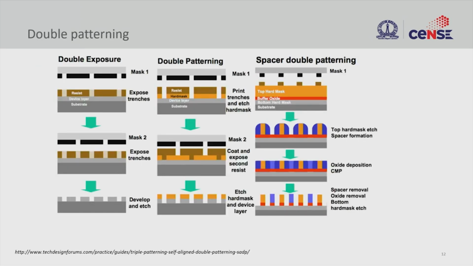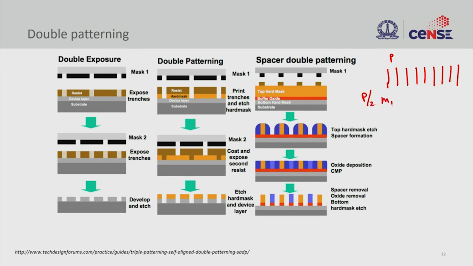One way of reducing k is by doing double patterning. Here the illumination optics and the resolution of the illumination system are all kept constant, but we do repetitive patterning. You divide your pattern density into two. I have a very dense pattern which is beyond my resolution, so what I do is divide this by 2 and make 2 masks.